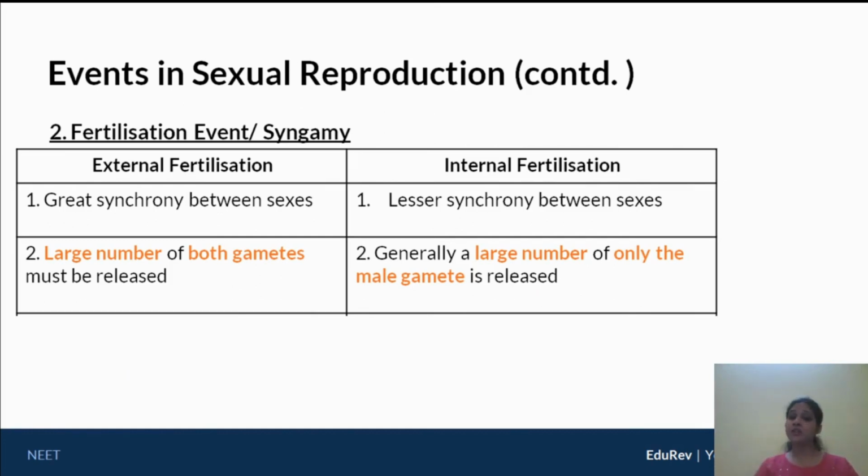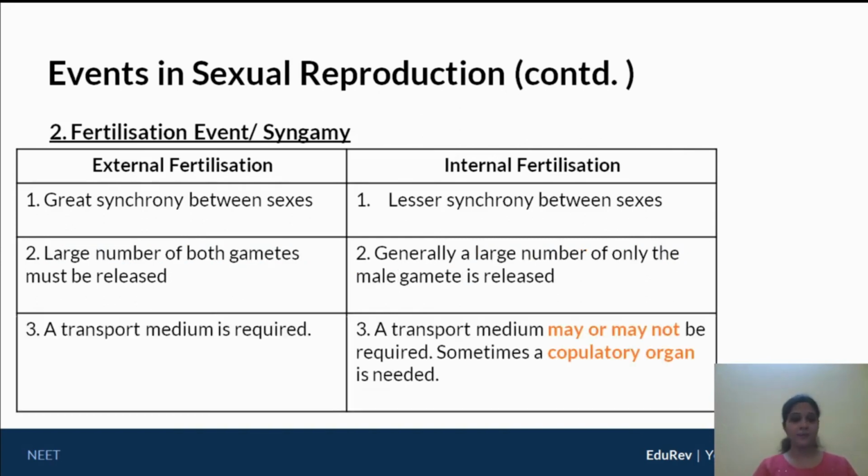But in case of internal fertilization, let's take for example humans. The female gives out one egg cell, just one, normally speaking, per month. But the male, every time you have intercourse, the male releases millions of sperm into the female. So generally the number of sperm are always greater than the number of egg cells in internal fertilization. But in external, both have to be in great numbers.